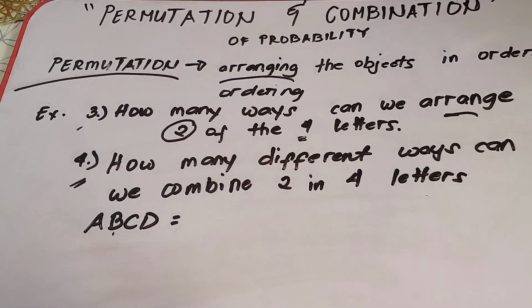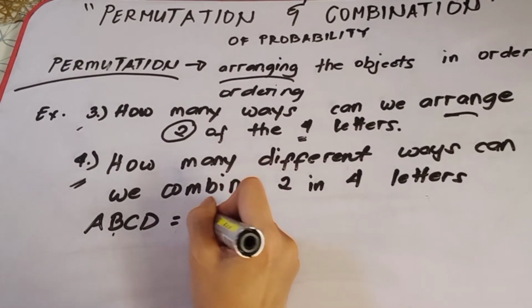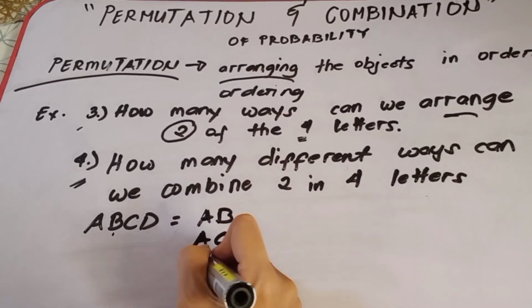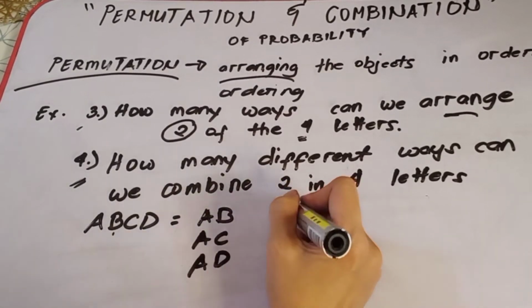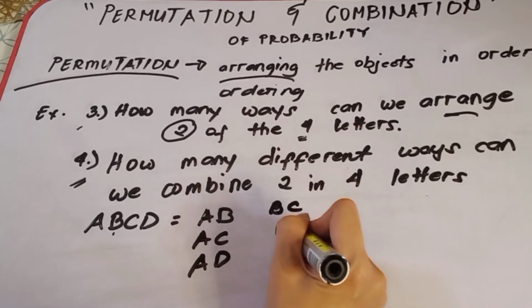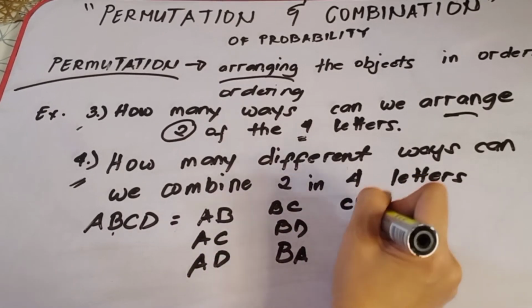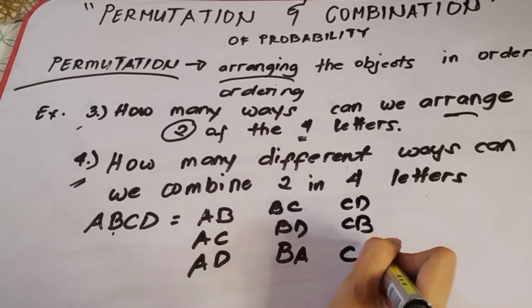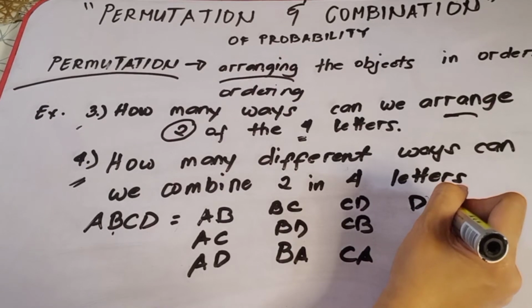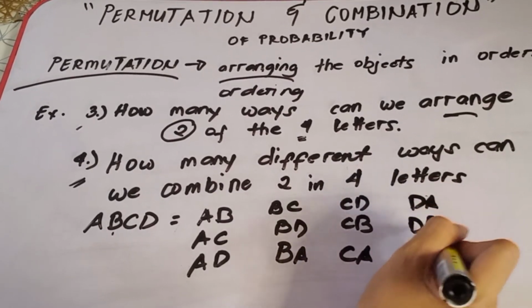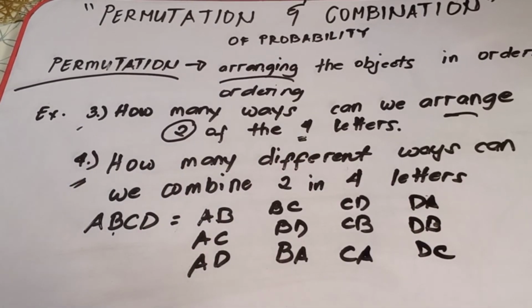If we illustrate our example, we have A, B, C, D, and we can group the letters into 2: AB, AC, AD, and then we also have BC, BD, BA, and then we also have CD, CB, CA, and then DA, DB, and then DC.